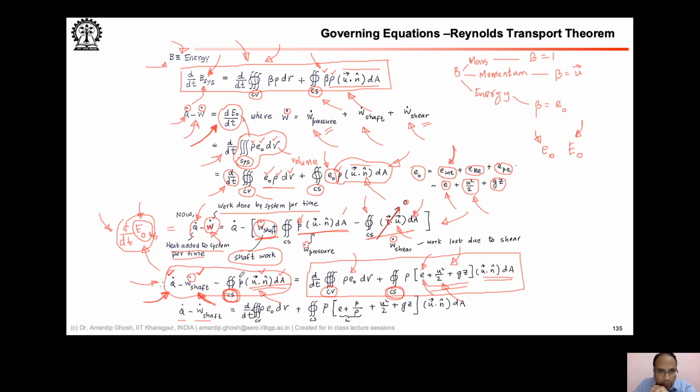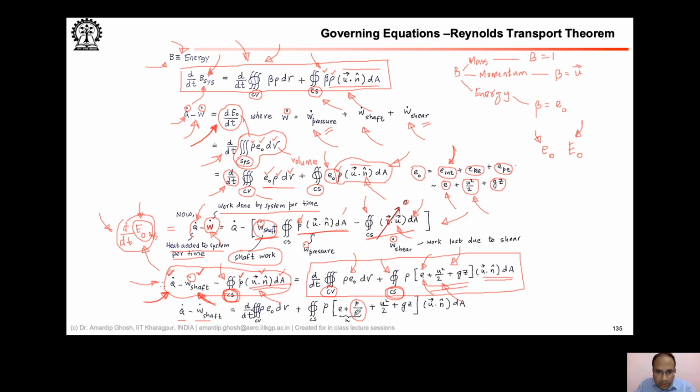We have merged this integral with this integral, and as you can see, it has led to the addition of this term. You will learn in thermodynamics that this is an extremely important step that we have done just now. That is part of the reason I'm spending a lot of time on this particular equation.